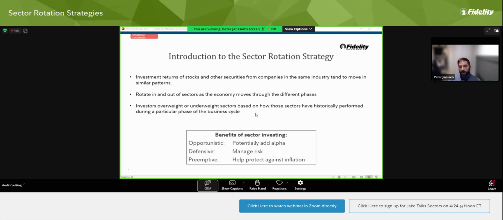And often when we are thinking about adding some alpha, managing risk, even helping protect against inflation, there are opportunities to get some of that capital appreciation towards the upside, but not just what are my returns. There are many professionals and even some retail investors that think about what are my risk-adjusted returns rather than just saying, oh, hey, I was up 10% this year. How much risk were you having to pony up for that return?